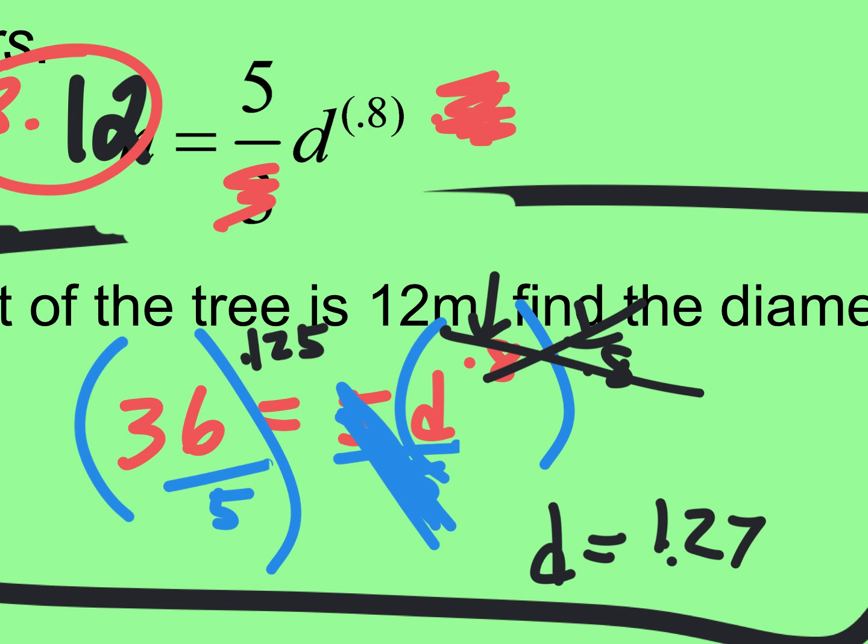First, I'm going to check that first one. 1 divided by 0.8. Is that really 1.25? It is. Those cancel each other out. Then it's parentheses 36 divided by 5 parentheses to the power of 0.125.